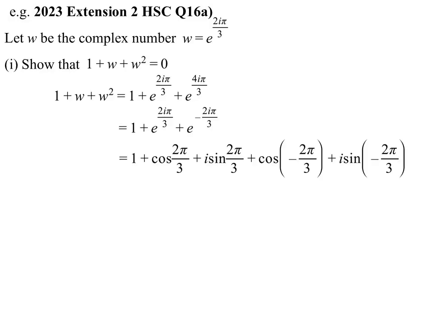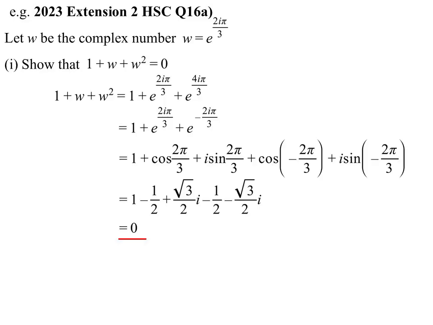I could have just gone twice the real part, because I've got a number and its conjugate there. If you spotted that was a number plus its conjugate, you could have just gone straight to twice the real part. Anyway, we end up with 0. We have shown that 1 plus w squared is equal to 0.